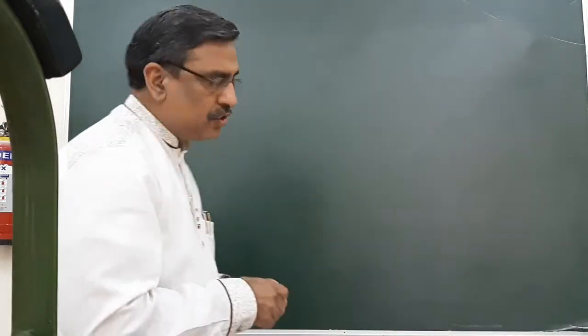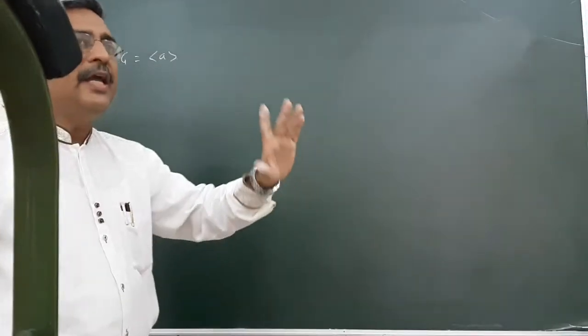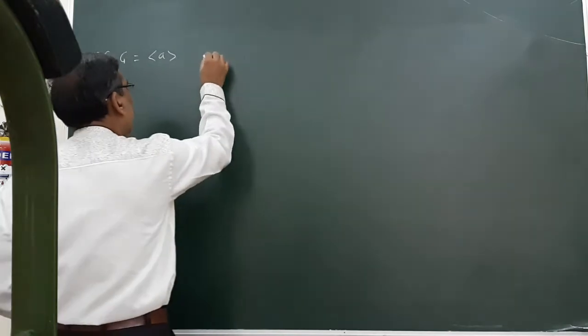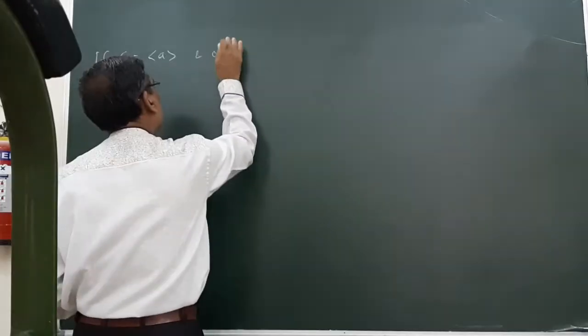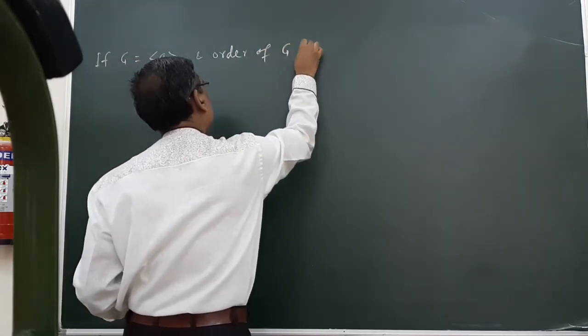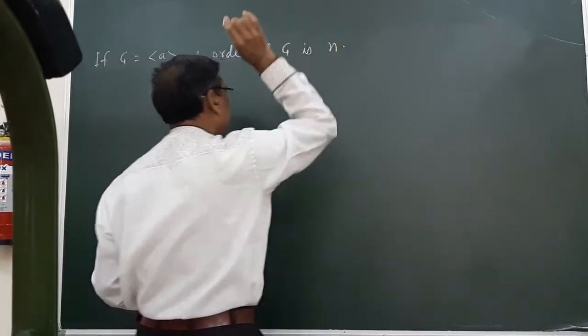If G generated by A means G is a cyclic group, A is its generator, of order n, and the order of G is n.